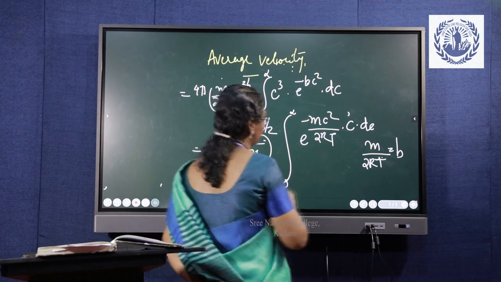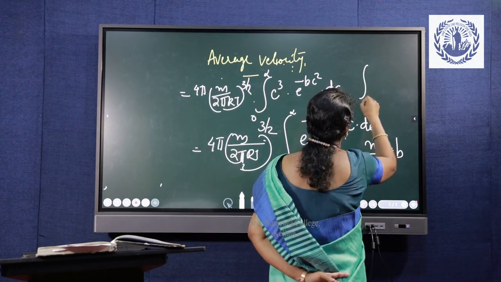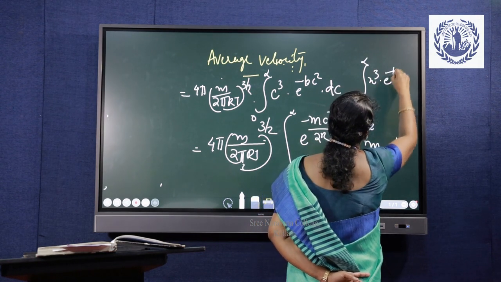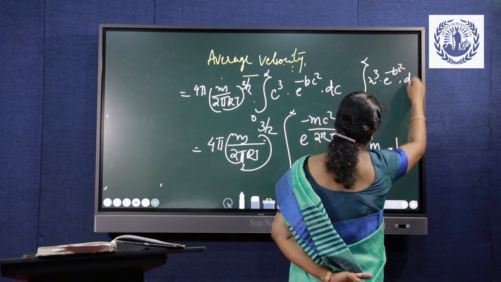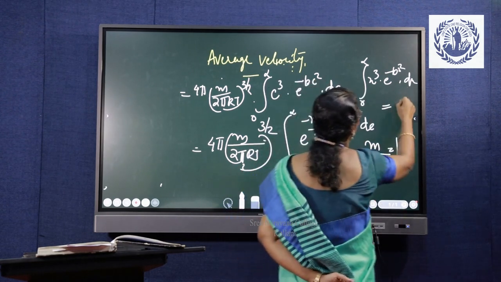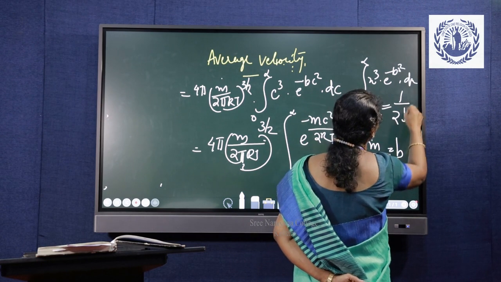It is like the standard integral from 0 to infinity of x cube e raised to minus b x square dx, and its solution is 1 by 2 b square.